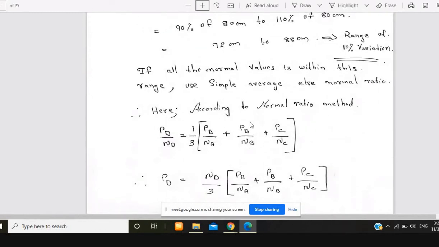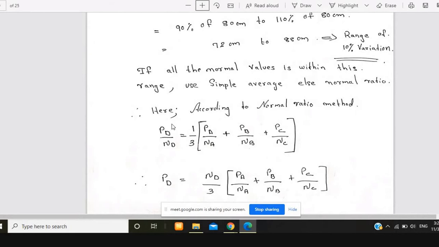According to the normal ratio method, the equation is as follows. The missing data is PD, which is what we have to find out. The ratio of the particular year data to the normal data equals the sum of the other remaining ratios divided by the number of rain gauges with data.